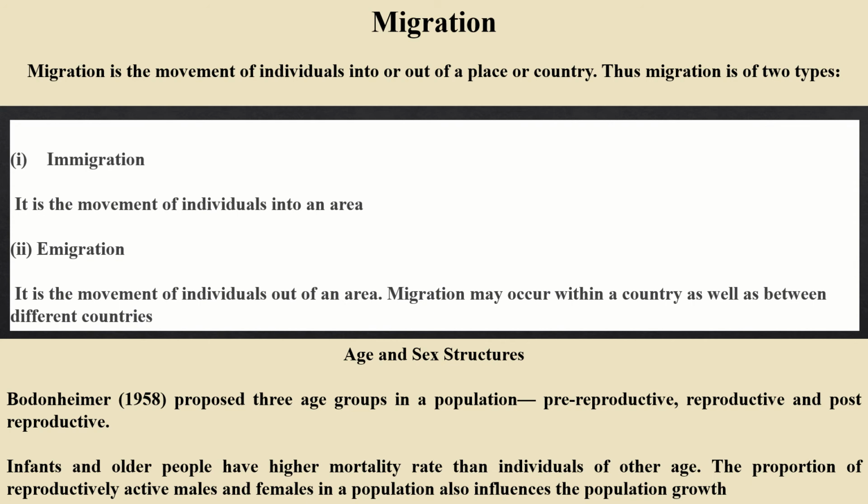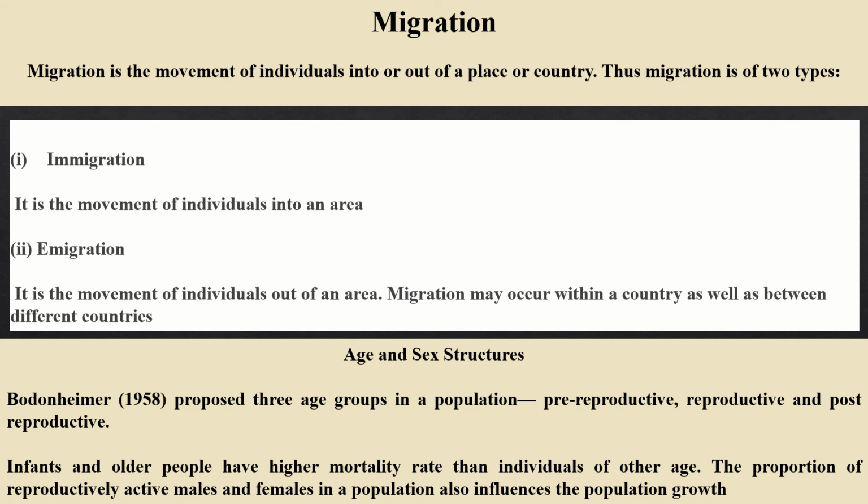Now we'll come to the age and sex structures that also influence the population growth. Bodenheimer proposed three age groups in a population: pre-reproductive, reproductive, and post-reproductive. Pre-reproductive ones are which one? They are young ones who have not yet reached reproductive maturity.